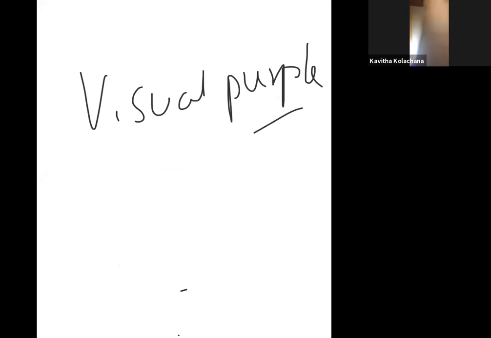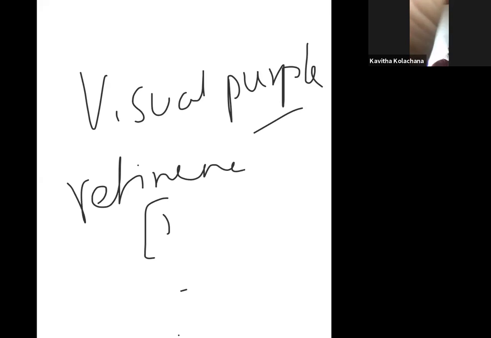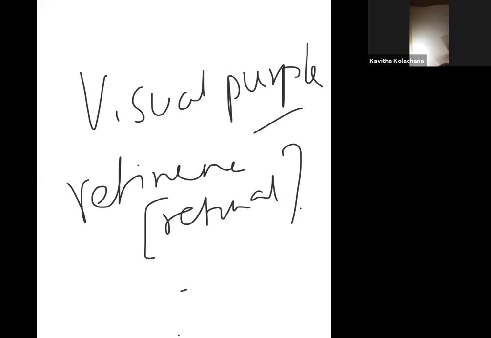This rhodopsin will convert into a pigment which is called retinal or retinene. It is given two names, retinene or retinal. So rhodopsin will get converted into this pigment, and this is an aldehyde derivative of vitamin A. We already talked about it, and it contains a protein coat which is called scotopsin or opsin.